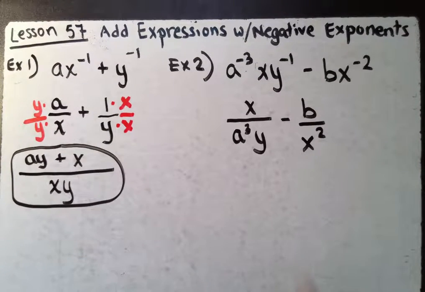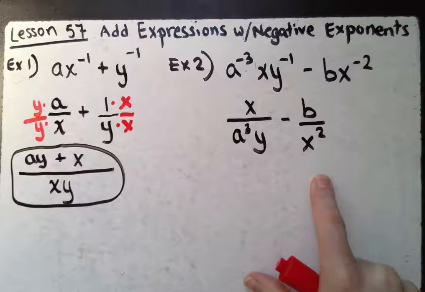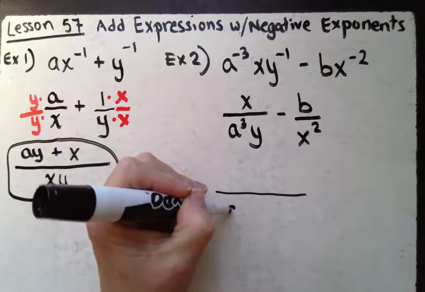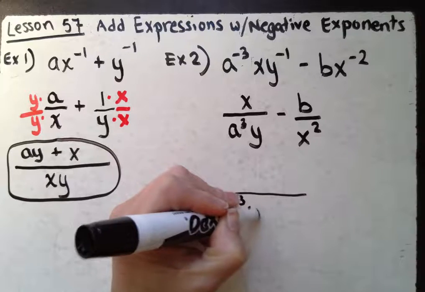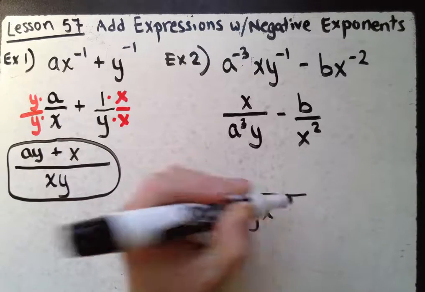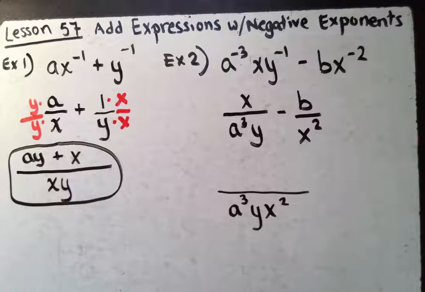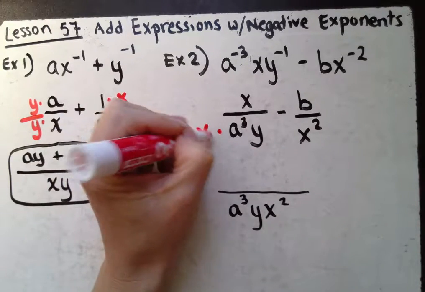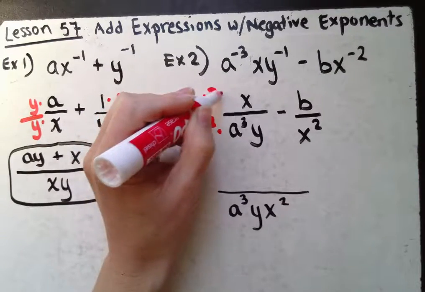And now looking at these two denominators, the least common denominator would be a cubed times y times x squared. Basically just multiplying the two denominators together, right? So that means that the first fraction must be multiplied by x squared on the top and on the bottom.